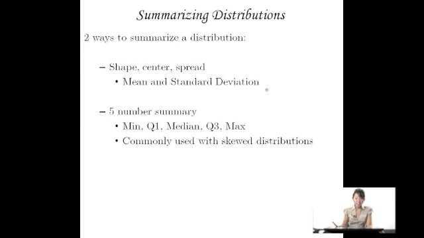All right, so there are really 2 ways to summarize a distribution. We've been talking about one way so far, where we talk about shape, center, and spread. Usually when we talk about shape, center, and spread, we often use the mean as the measure of center. It could be the median, but a lot of times people use the mean.